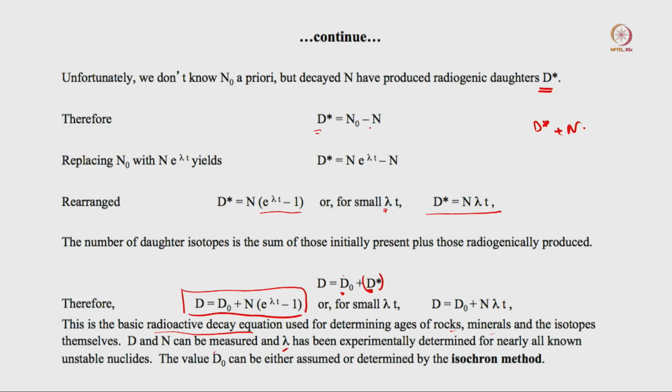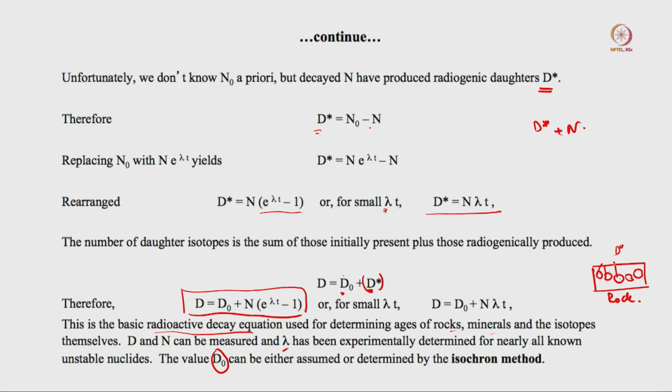Okay. And how do we know this D0 value? From the same rock, for instance, we are going to find out the age of a rock. Now, in this rock you are going to have different minerals. But all the minerals will have the same D0 value and they are all undergoing decay.